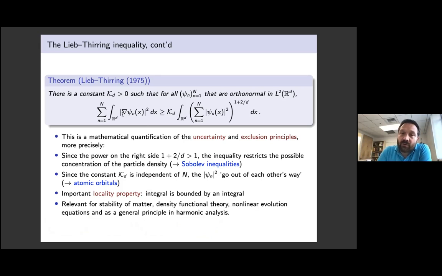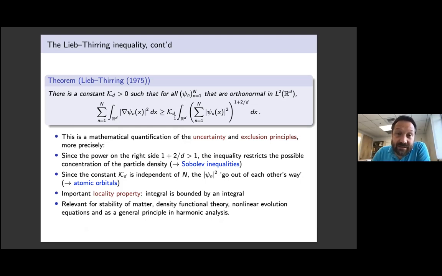Another thing that I want to point out about the inequality is that you're bounding an integral by an integral, which is interesting because that's more or less a classical intuition: if you have something in your system happening at one point, and something at another point, then the two things are independent of each other.